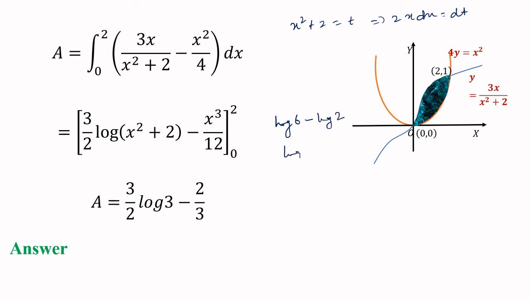So it will be log(6/2), that is log 3, multiplied by 3/2. Now for this term, if we put x = 2, it is 8/12, that is 2/3. So this is your required answer for the first part of question number 3.